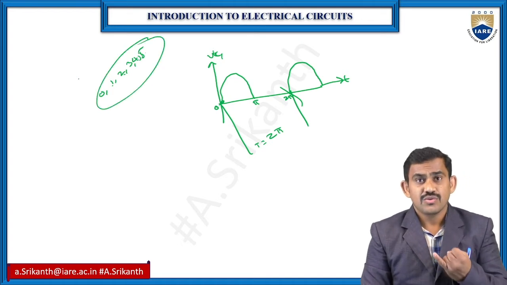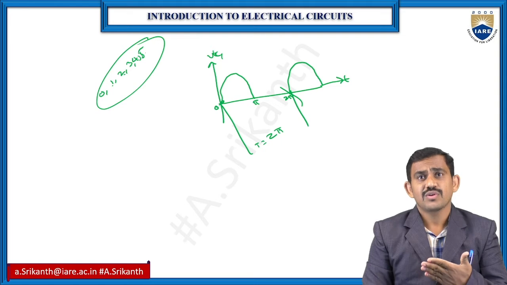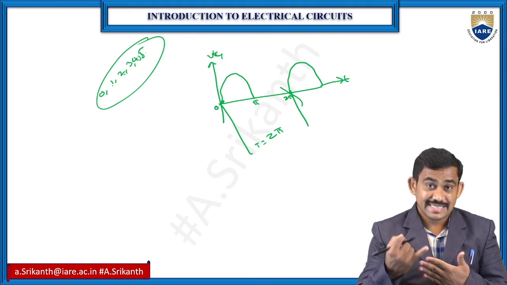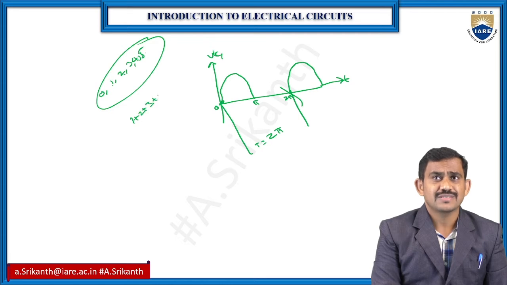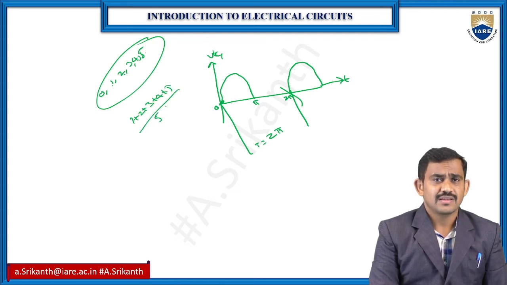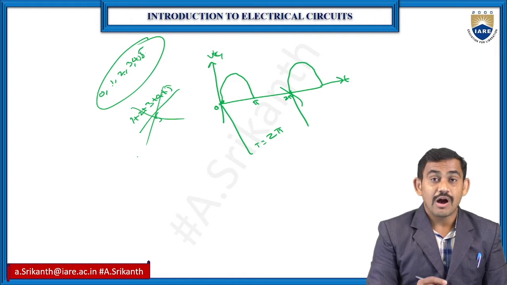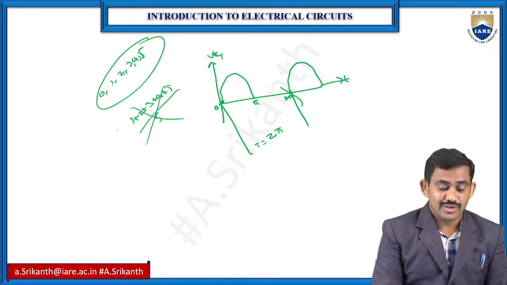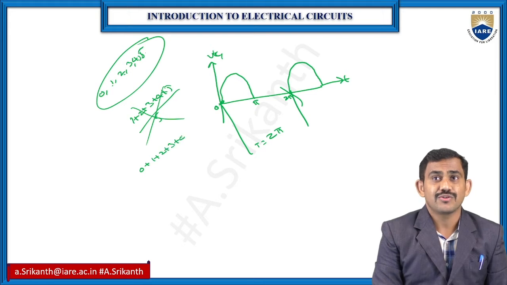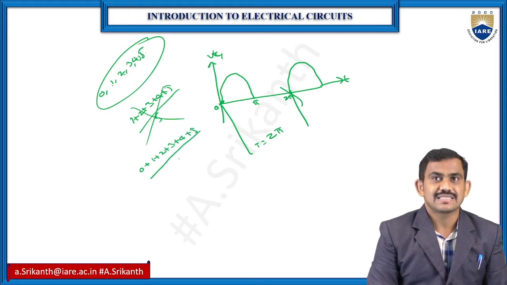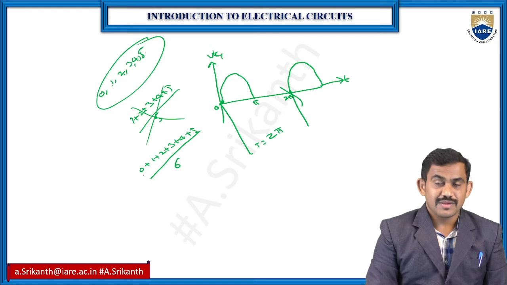That is not 1 plus 2 plus 3 plus 4 plus 5 by 5, it's wrong. How many numbers do we have? 6 numbers. So consider 0 plus 1 plus 2 plus 3 plus 4 plus 5 by 6. This is your average.